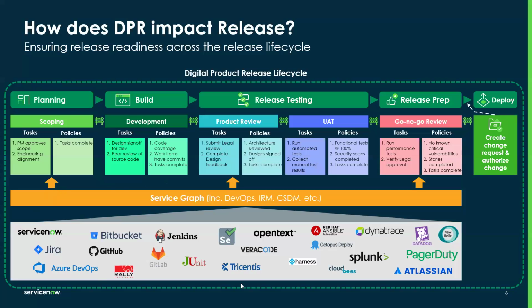At the bottom here, you see all of our DevOps tools. So DPR integrates with our DevOps data model, and this is what allows us to connect planning to release. So we pull in data from all of our planning tools, like Jira as our DevOps, allowing us to map work items to specific versions and releases.